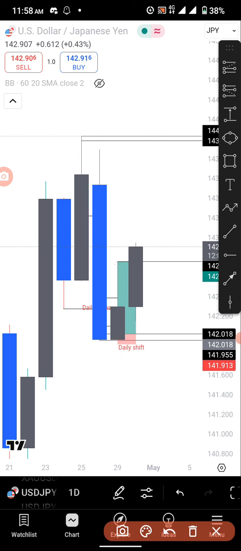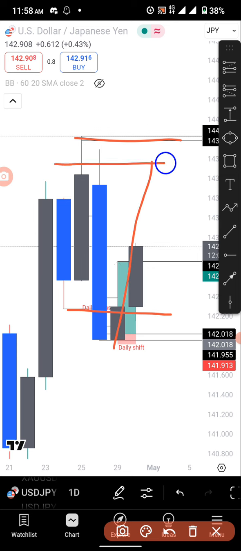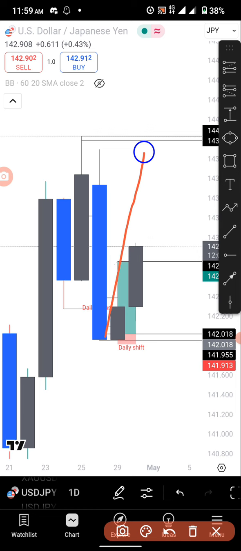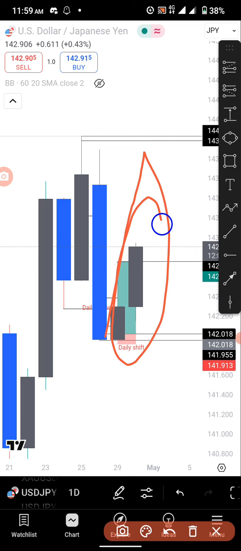After it shifted, we have these areas we are supposed to focus on for the sales as we saw, but the market is not yet above here. It has not yet reached these areas, meaning we are supposed to wait for it to come here, or we can trade these trades here, which will lead it back here for the sales.